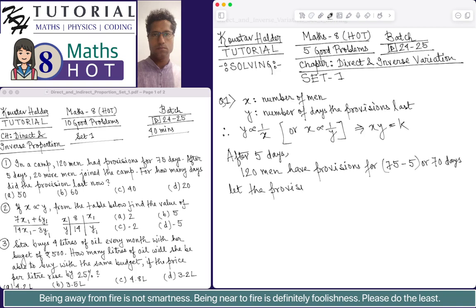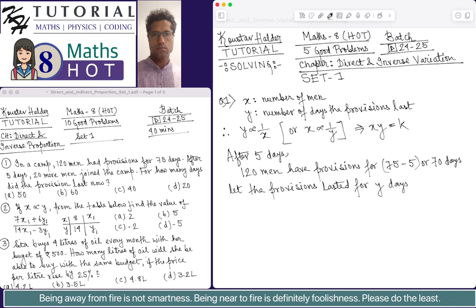Let the provisions, that is the provisions that were left after 5 days, last for y days. We have assumed the quantity y to be the number of days and x to be the number of men. So let the provisions last for y days. All these are happening after 5 days.